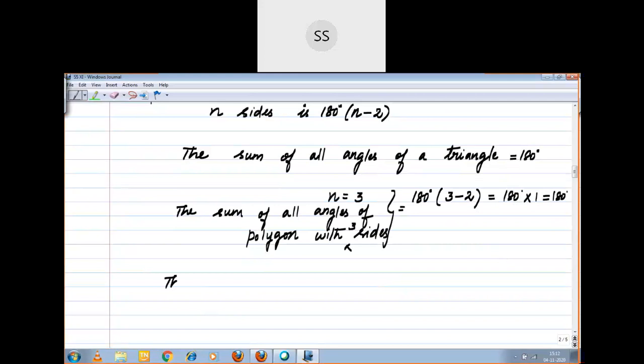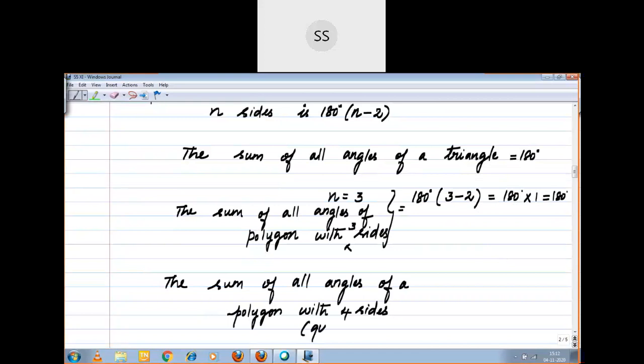Three sides, right? Now, the sum of all angles of a polygon with 4 sides. 4 sides means what? Quadrilateral. What are the things it comes under?